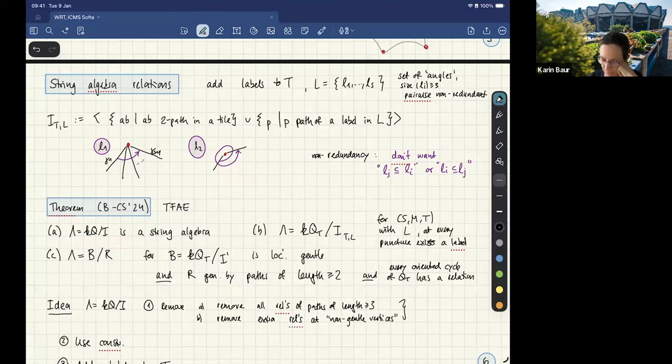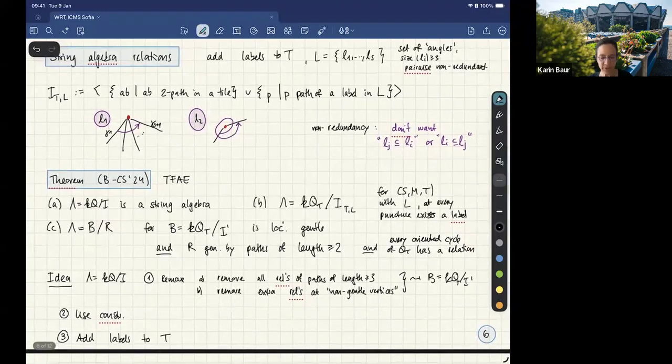And this gives you B. And then this is potentially infinite dimensional, so it's locally gentle, but you can use the construction from BCS, OPS, Plamondon-Schroll, and Bilot, Palu, Plamondon, to get the surface with a tiling.